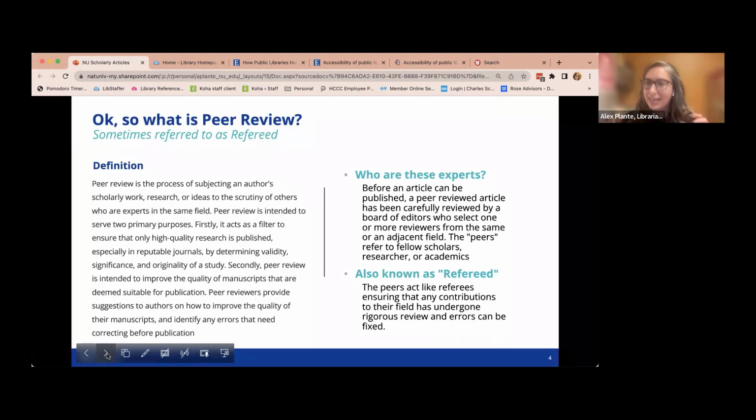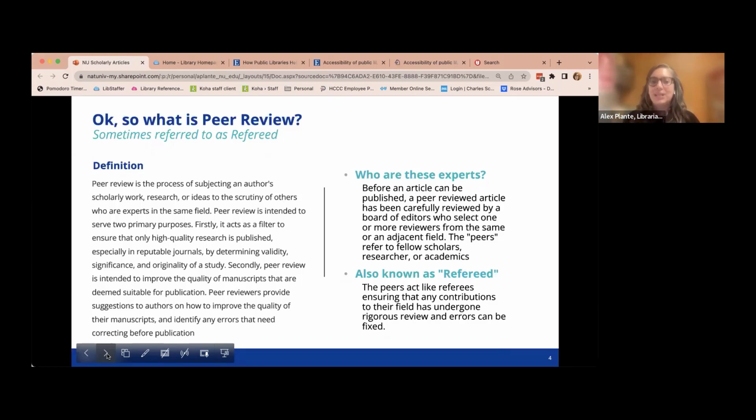So there again is that idea of experts in the field. That was in that last definition for what is a scholarly article, and here it comes up again. So now that article that was created by an expert in the field, peer review is bringing in other experts in the field to scrutinize their work, to take a look at their work.